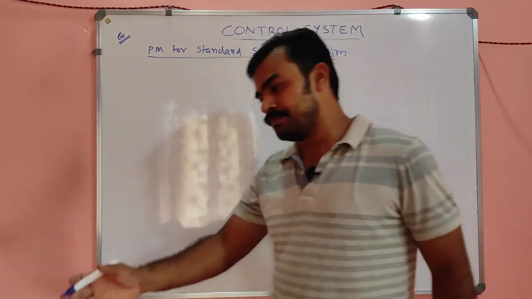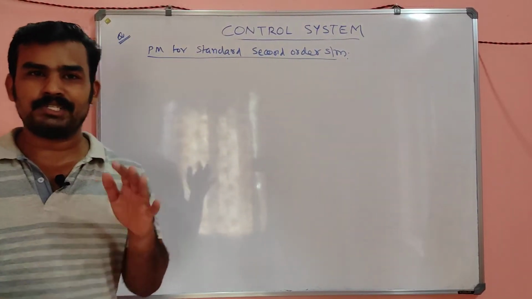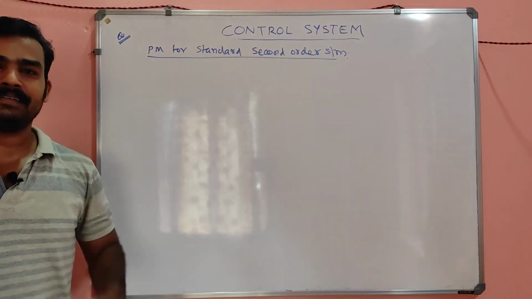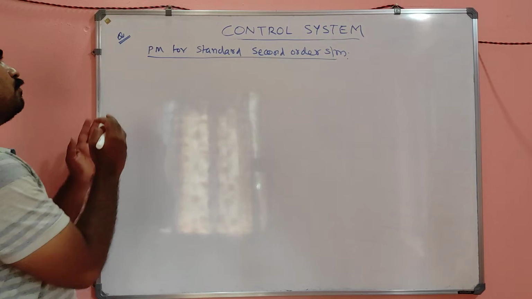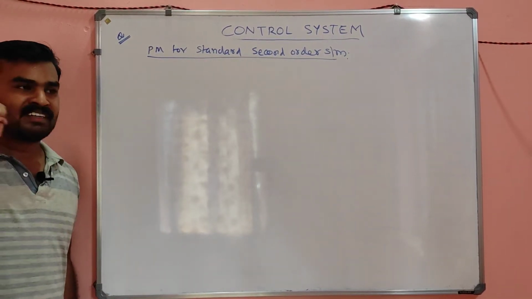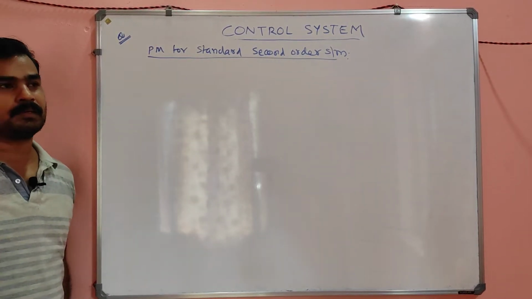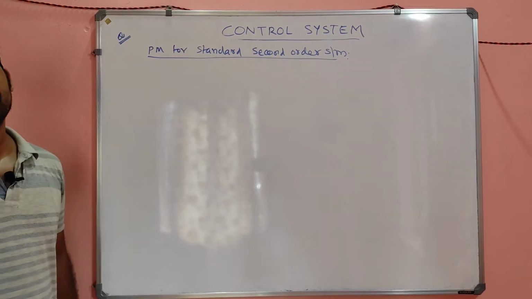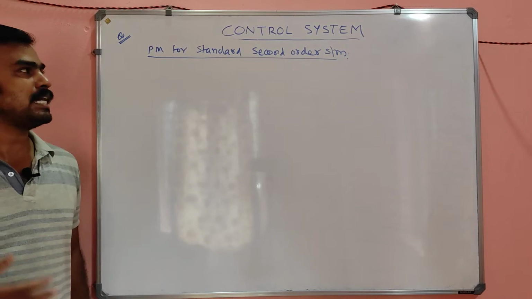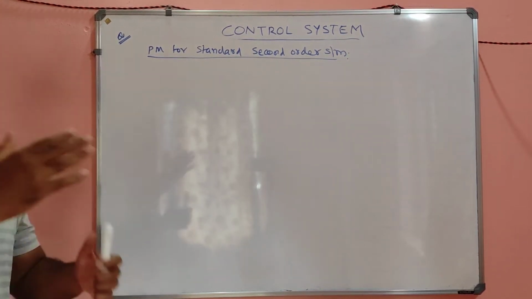As of now we have dealt mostly with zeroth order and first order systems, and the last question, that big question, was slightly complicated and was a second order question. Now we are going to derive a generalized expression for the phase margin, because gain margin is not that important. Phase margin is very, very important in competitive examinations. So what is the equation for phase margin for the standard second order system?